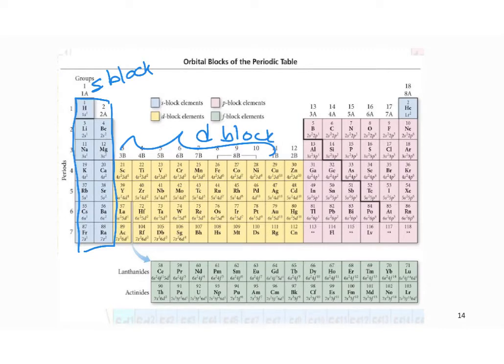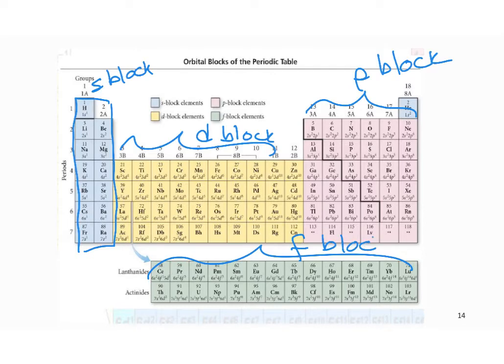You need to be able to label a periodic table according to the blocks if you're asked to. The non-metals, or the right-hand side of the periodic table, are the P block. And the very bottom is the F block. How did we get that, and what am I talking about?